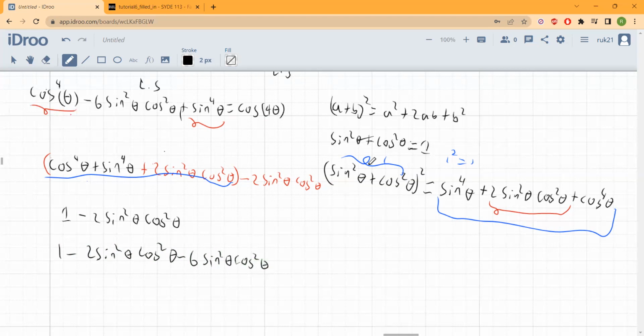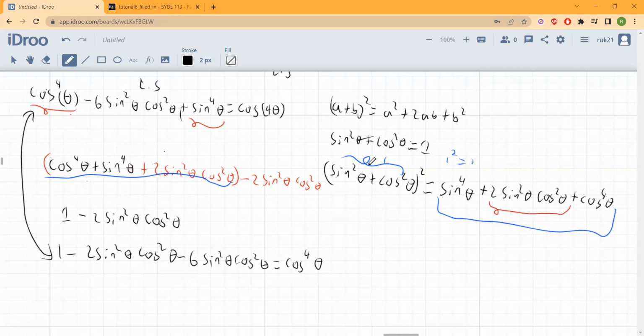And again, this is just this. So these two are the same. And again, it's because we replaced cosine to the power of 4 theta plus sine to the power of 4 theta with 1 minus 2 sine squared theta cosine squared theta. And all of this is equal to cosine 4 theta.